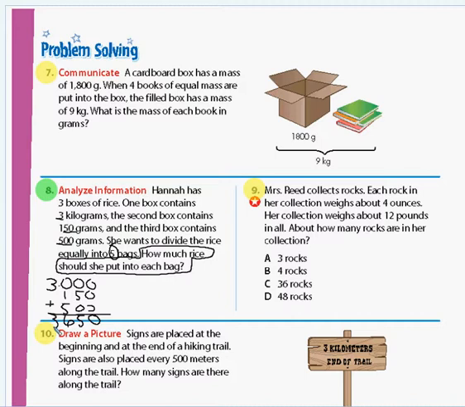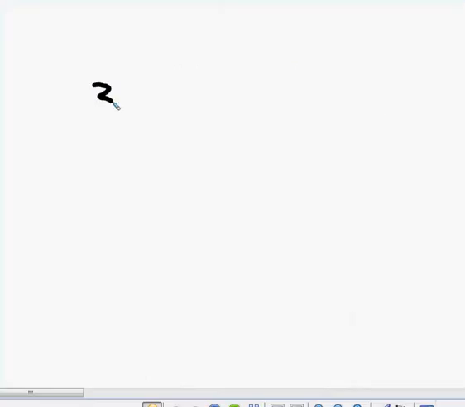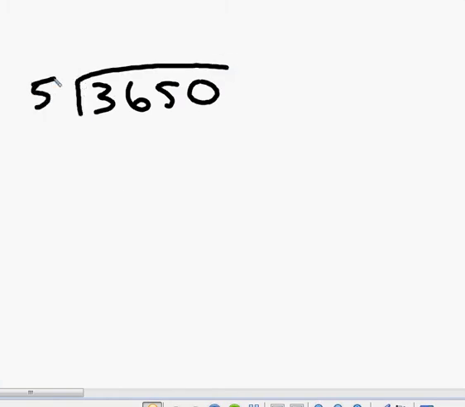I think we could work that out right here. We'll give it a try. Actually, I'll go over here to the other page. So 3,650 divided by 5. The first step is to divide. I know 5 does not go into 3, but 5 does go into 36.